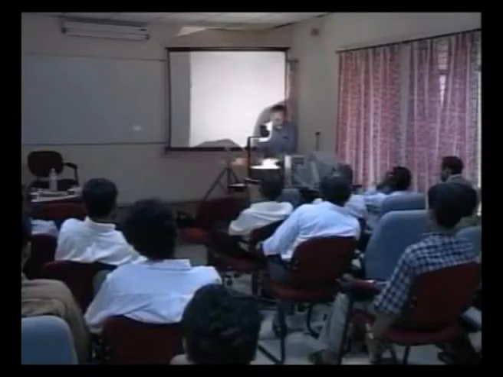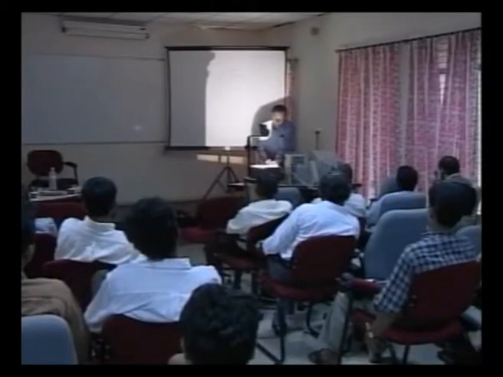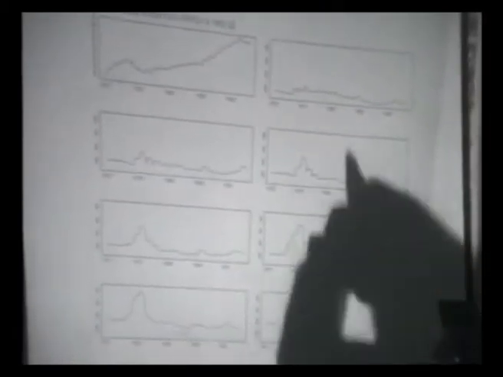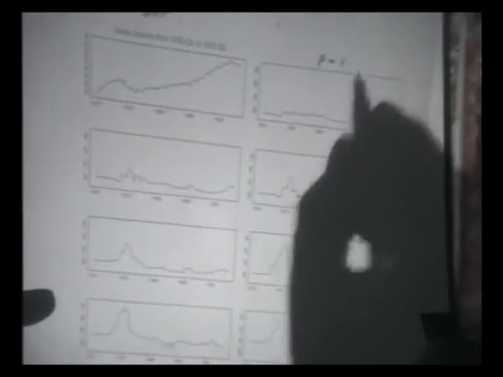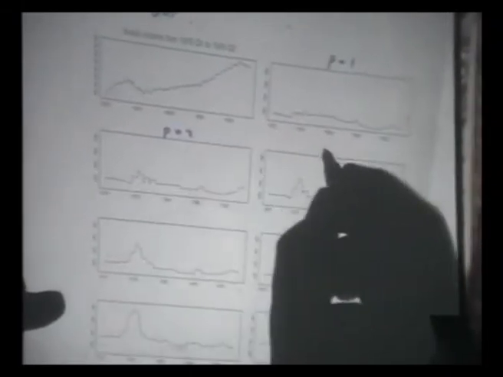And again, the nice thing is that here is the Swiss GDP data series. And now you can calculate the marginal likelihood for various lags, like this is p equals 1, p equals 2, p equals 3.